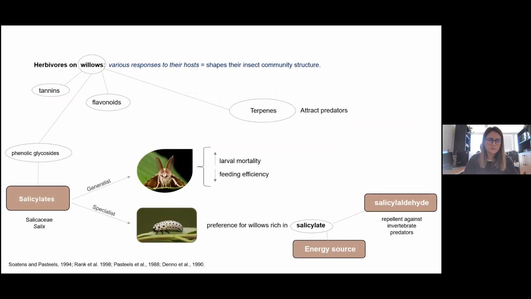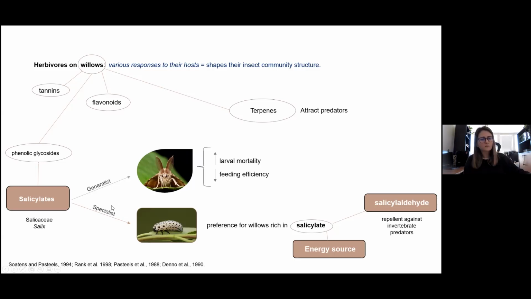Willows produce several secondary metabolites such as tannins, flavonoids, but also salicylates. These phenolic glycosides are very characteristic of the Salicaceae family, to which the genus Salix belongs. Salicylates can be very effective against generalist herbivores because they will increase larval mortality and decrease feeding efficiency.